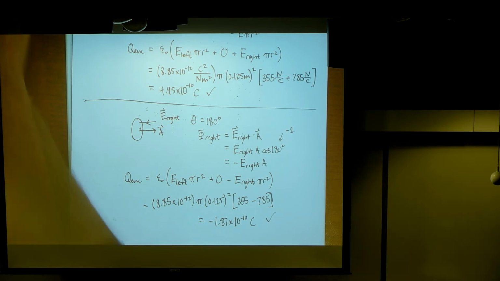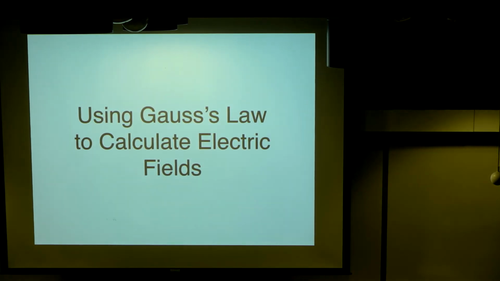All right, let's keep it moving. So I've shown you so far what electric flux is. Hopefully you understand how to calculate it in some examples. And then we also introduced Gauss's law, which is completely based around this idea of electric flux.